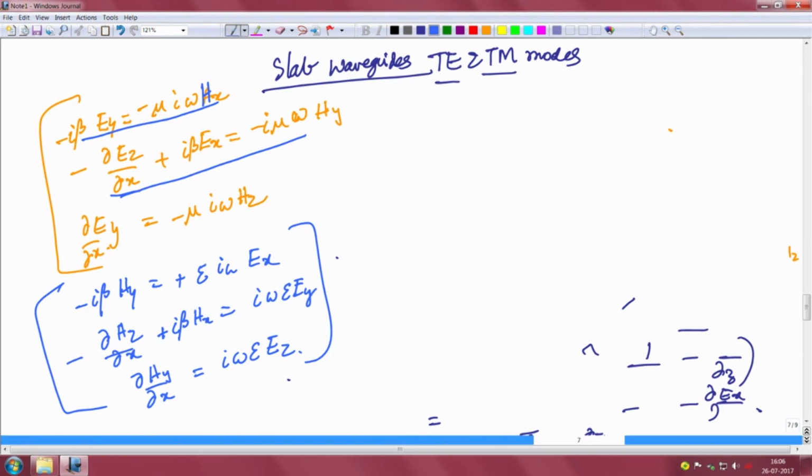So, if you want to have only one particular component, we can replace with Ez, and Ey with respect to x is also there here. So, let us try to eliminate Hy. Hy can be eliminated by using this expression.